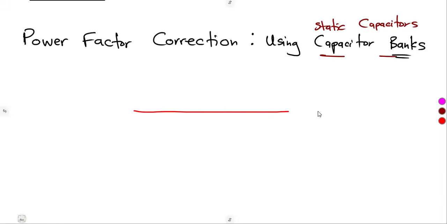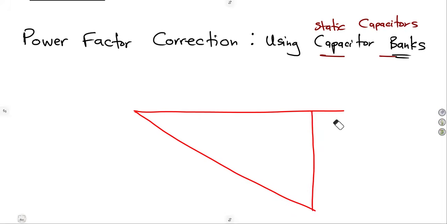So we already know the presentation of the triangle, how it is going to be. In a normal presentation, where nothing has been inserted, originally this is what we had. We had our true power, our apparent power, and this whole part was representing our reactive power, which is Q.